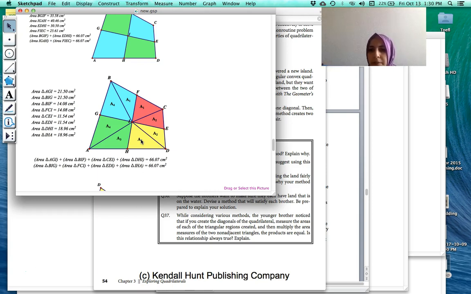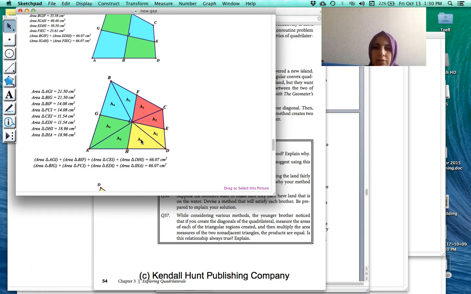Similarly, area CIE and area EID are represented by A2, area DIH and area HIA by A3, and area AIG and area BIG by A4, each pair having equal areas.